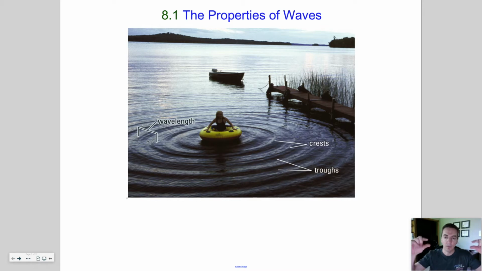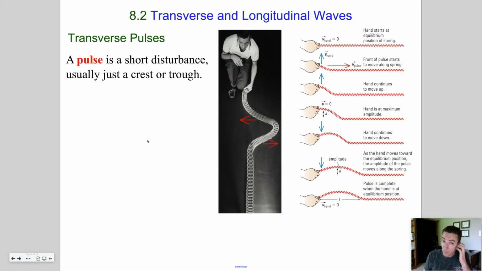The molecules of water move up and down, and the waves travel horizontally. It's not like a molecule of water starts at the tire tube and then travels across the surface. They actually just vibrate. Transverse and longitudinal waves are the two types of mechanical waves that we're going to discuss.